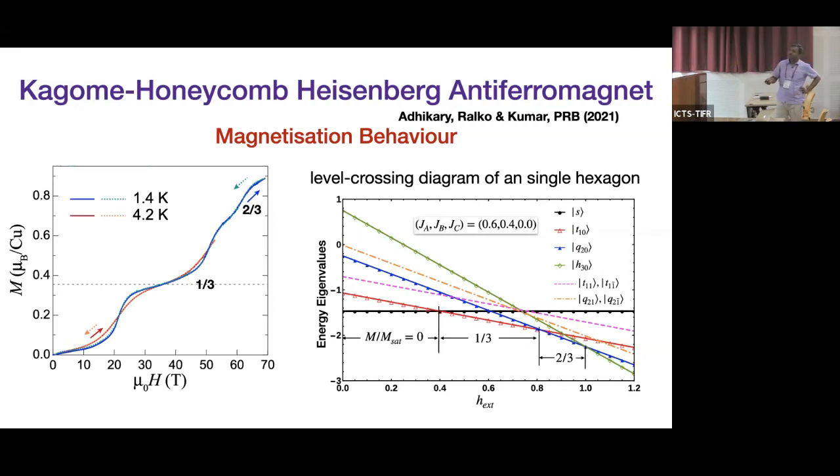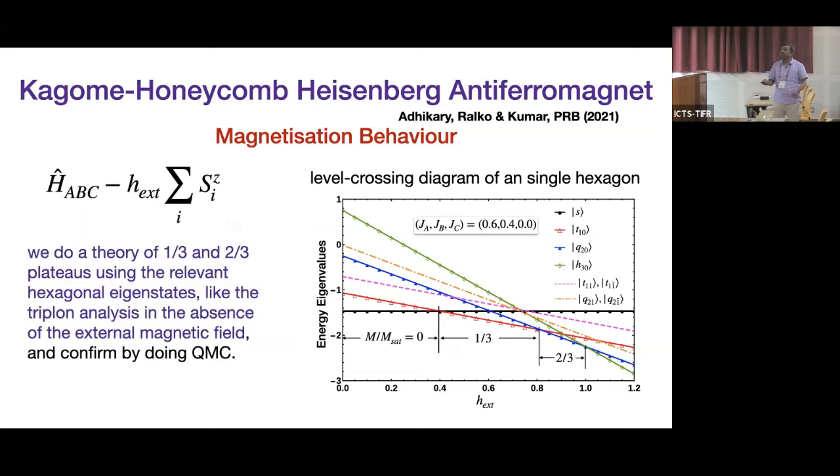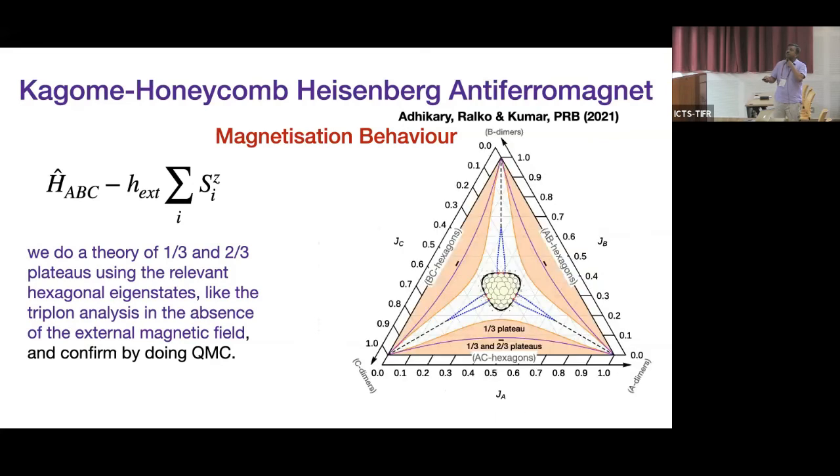So yes, this is what I was saying: what we see in experiment is already qualitatively present at the hexamer level, which is in turn saying that the physics of this material is indeed dominated or governed by the hexamer phase and not any other thing. So let us quickly do the analysis.